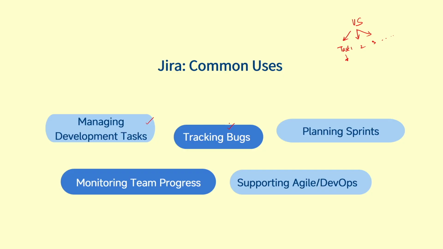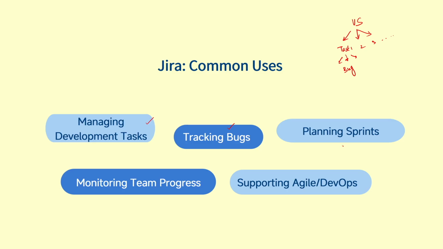So in which stage a task is in can be managed. That is the first use. The second one is the primitive use, tracking the bugs. Each task will have several bugs, and that could also be tracked to which task it belongs to and to which requirement it belongs to.